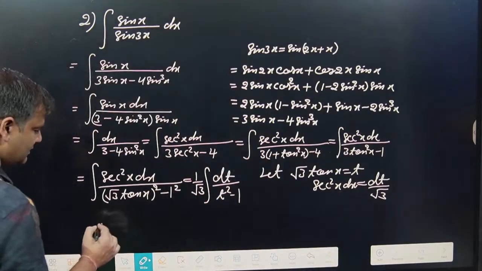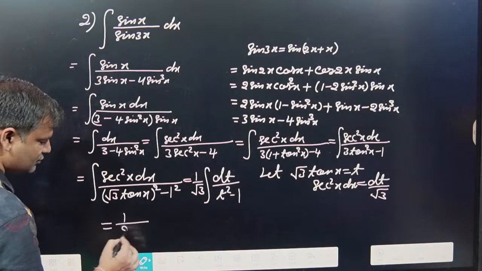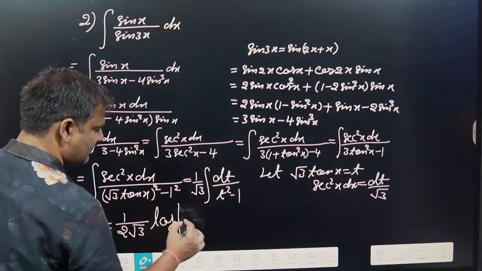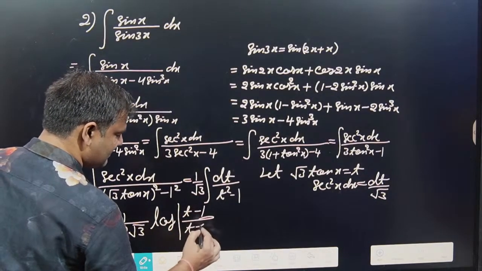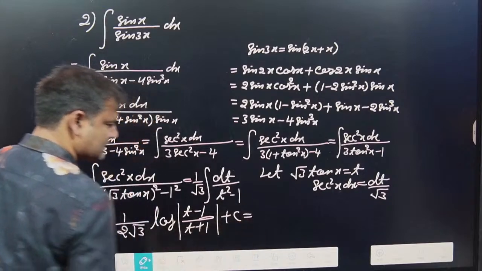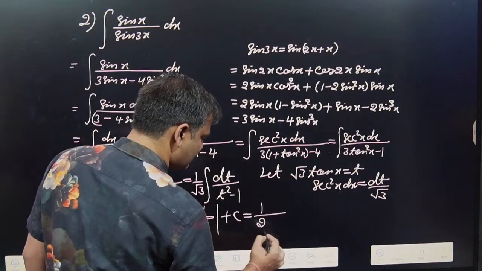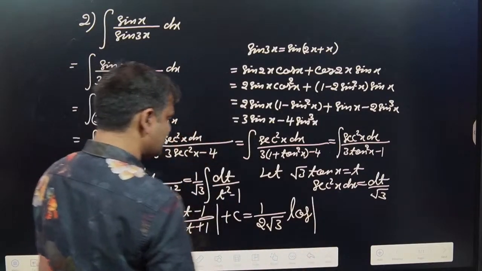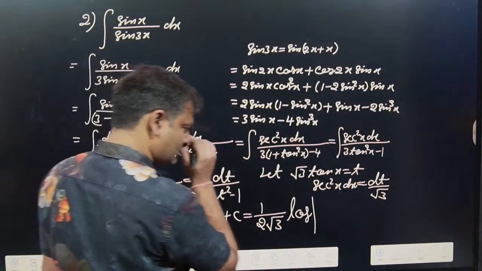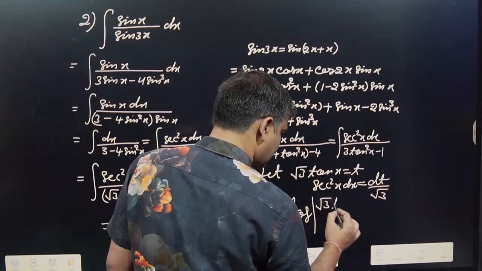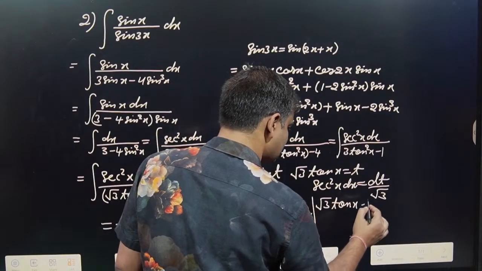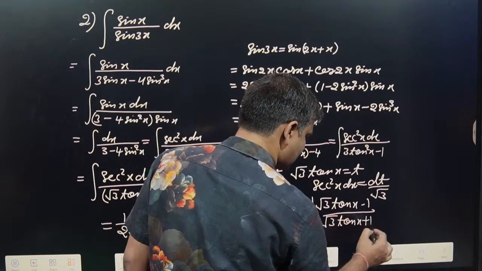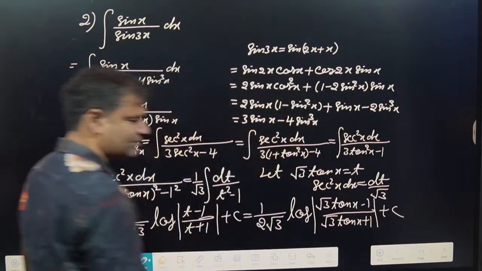So simply you can say 1 upon 2 root 3 into log of modulus of t minus 1 upon t plus 1 plus c, or 1 upon 2 root 3 into log of, t being replaced by root 3 tan x, root 3 tan x minus 1 upon root 3 tan x plus 1 plus c is the right answer.